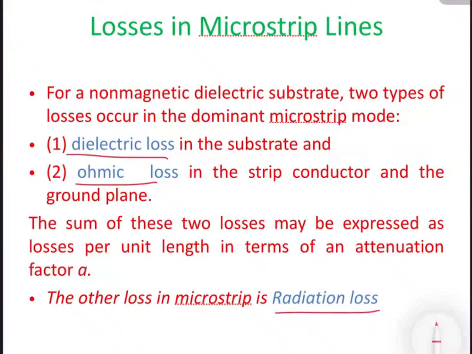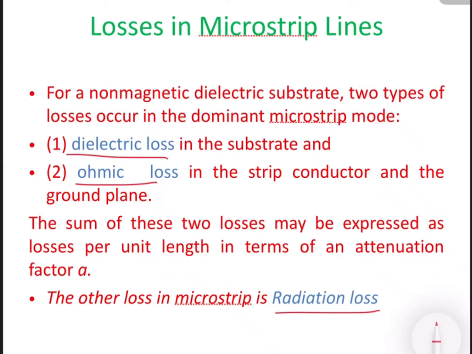The dielectric loss is the loss which occurs in the substrate material, because due to the variations of the dielectric substrate, the dielectric losses will occur. The ohmic loss in the strip line is due to the strip conductor and the ground plane. It depends on the conductance and the leakage signal from the strip to the ground, the conduction to the ground, where the ohmic loss occurs.